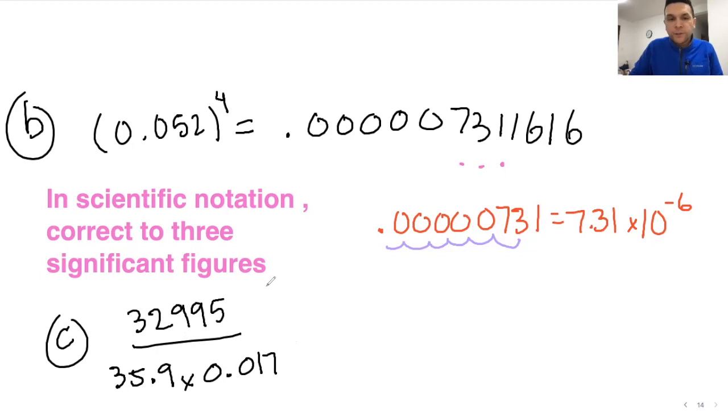Correct to the nearest integer, okay? To the nearest integer.